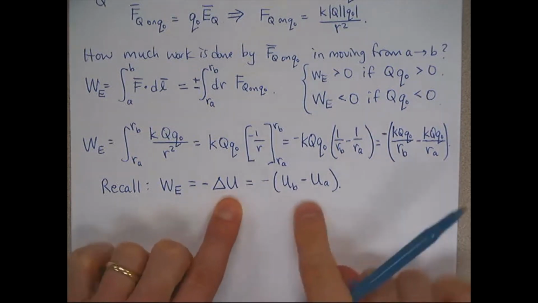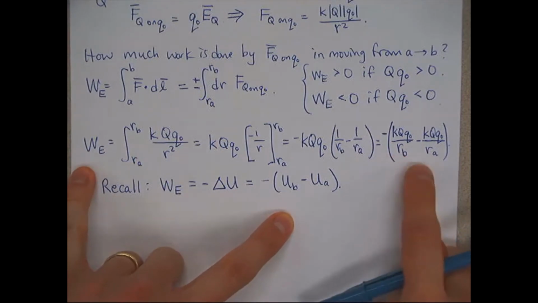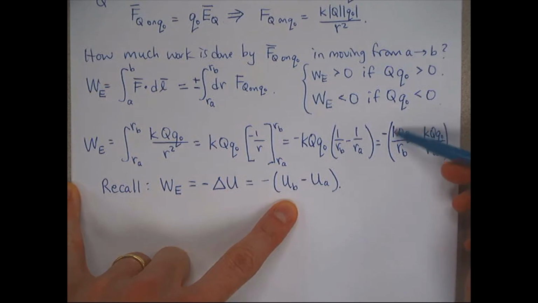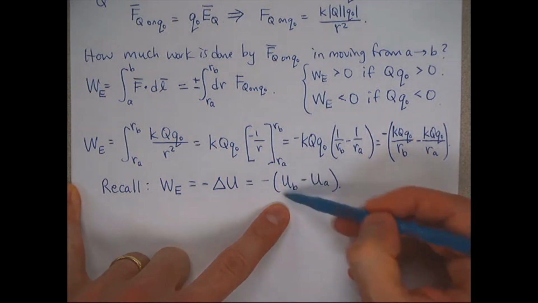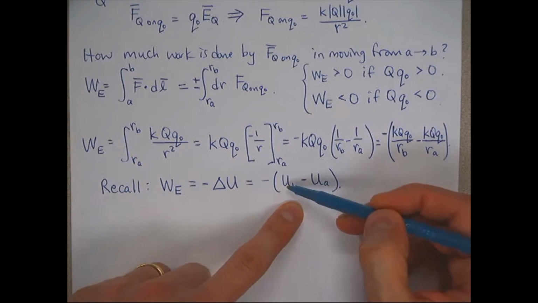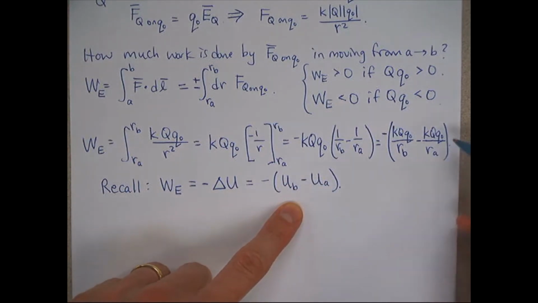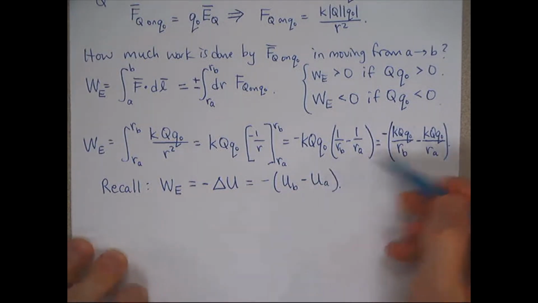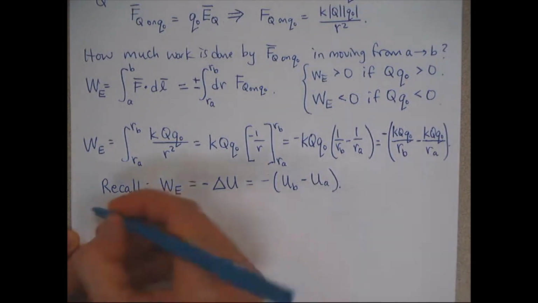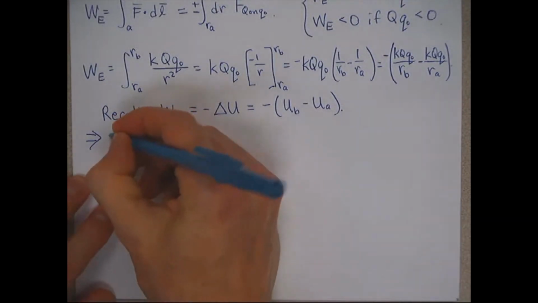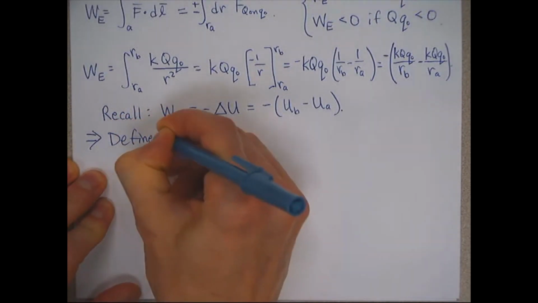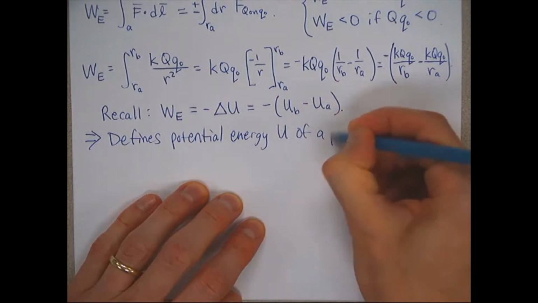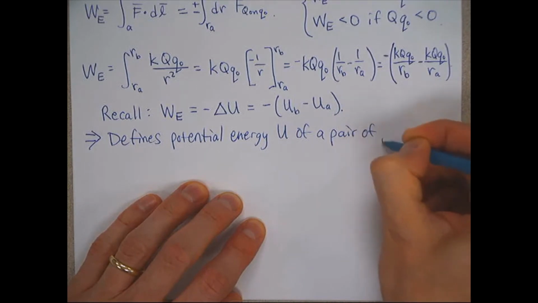Then you stare at that expression and you stare at this expression and you say, hey, this quantity sitting here, this first term in the parentheses, could be associated with that potential energy in the final state, at final position, and this is associated with that potential energy in the initial state. So this procedure defines the potential energy, capital U, of a pair of point charges.